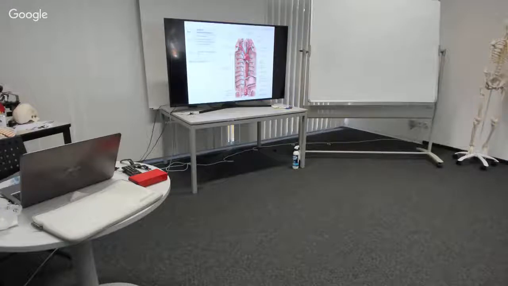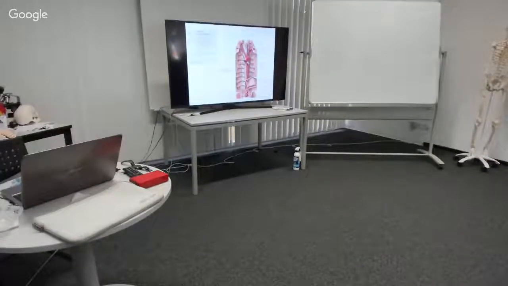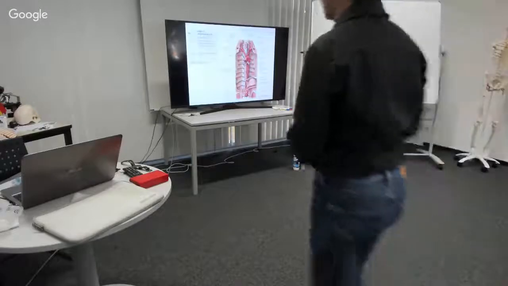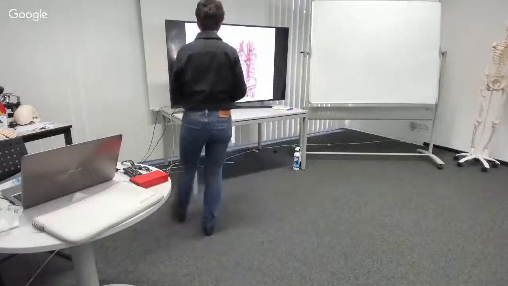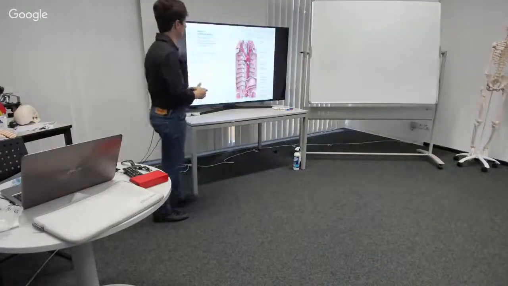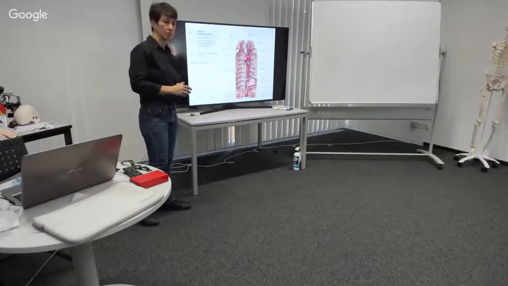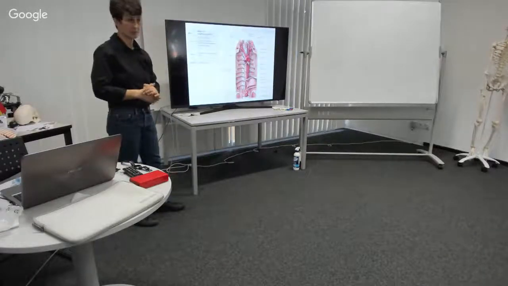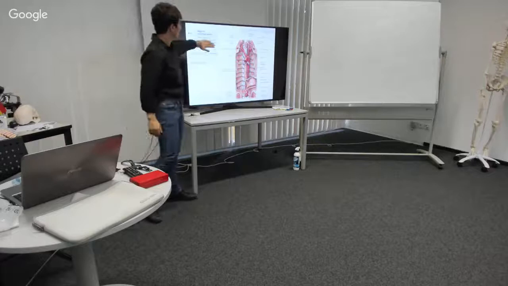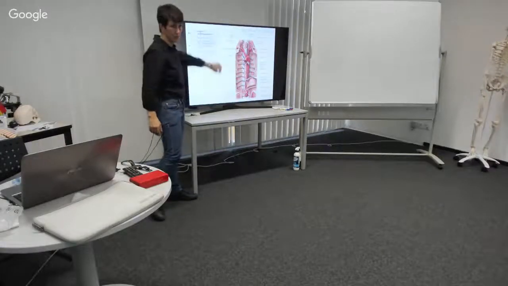Actually, here you also have the superior. And sometimes we also have branches from the cervical trunk or directly from the common carotid artery that are very rare, so it's enough to remember the first one.